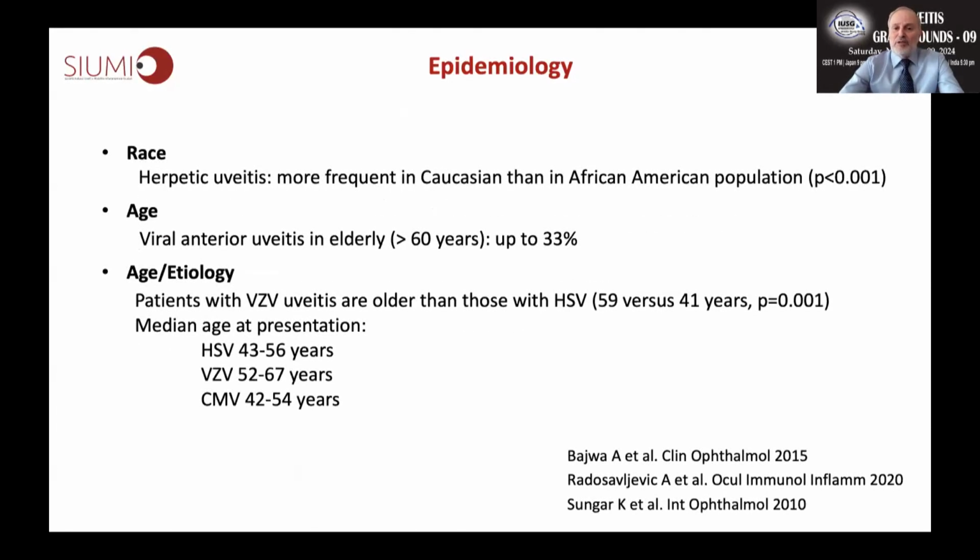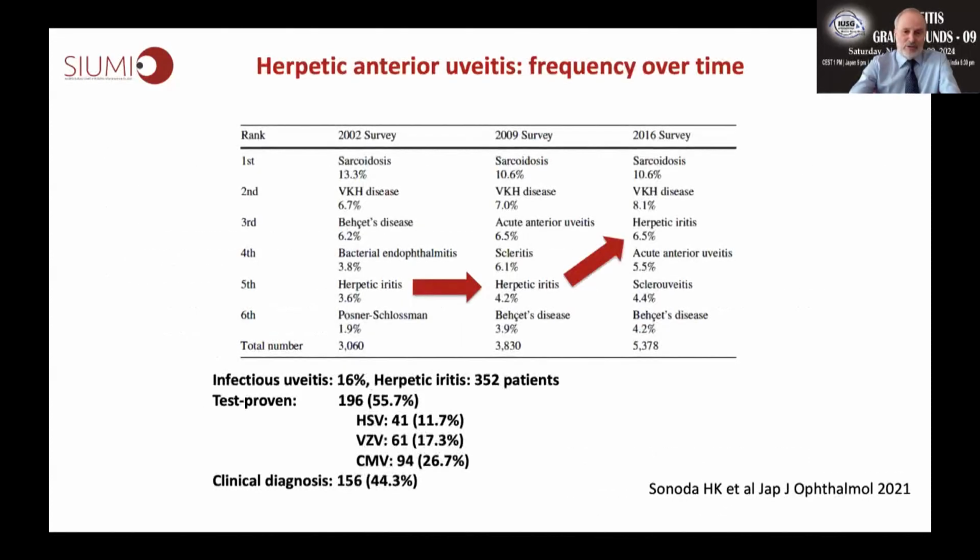What about race? Herpetic uveitis in the USA is more frequent in Caucasian than in African American populations. As far as age is concerned, viral anterior uveitis in elderly people older than 60 years old is up to 33% of the cases. And as you can see in the slides, the median age at presentation is quite similar between HSV and CMV, a little bit older in patients with varicella zoster virus.